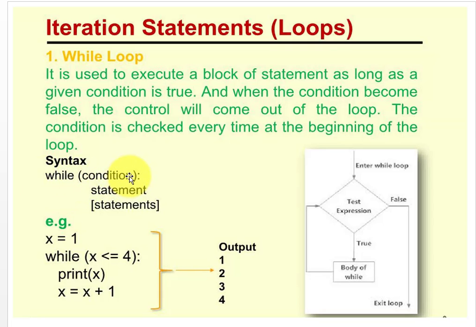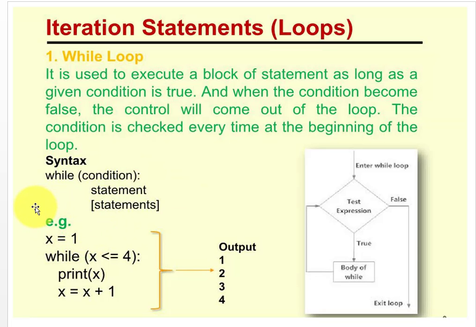Then you put the condition there, and after this condition put a colon, and then you use the statement which you want to execute. I think you all understood the syntax, the definition and the working of your loop. Clear?